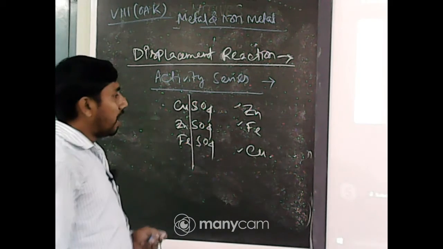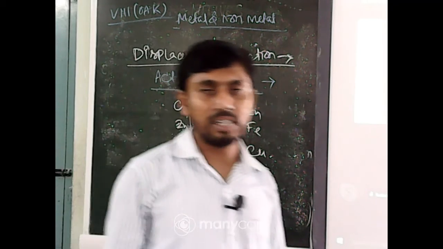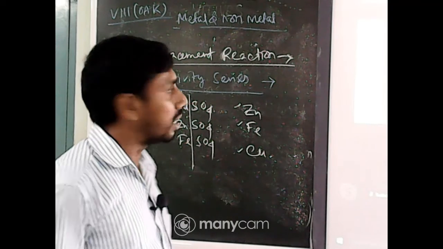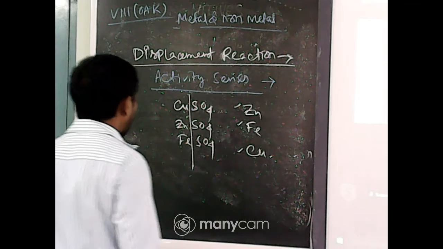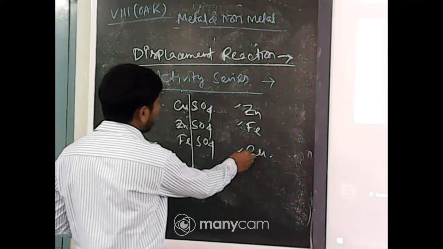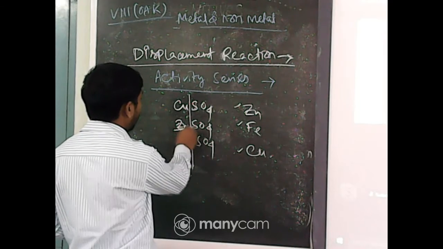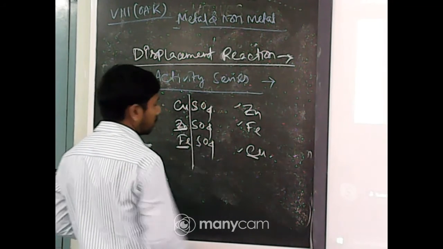Now according to the activity series, we can tell that whichever metal's activity is higher can displace the other metal from its salt. From this chart you can easily tell that copper cannot displace zinc or iron from its salt.